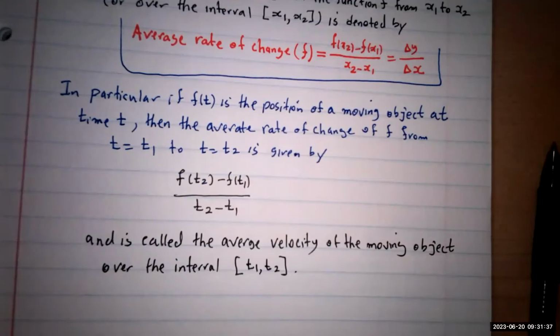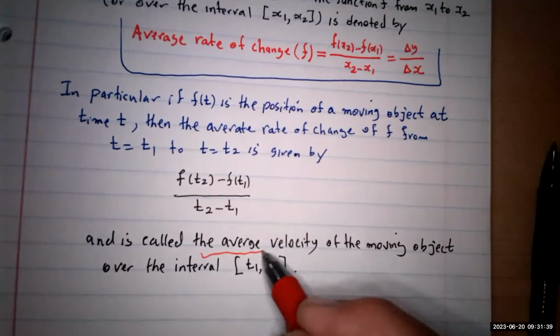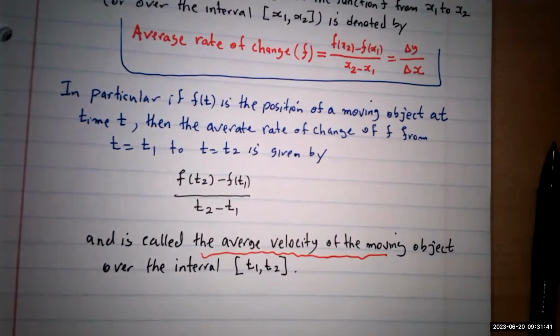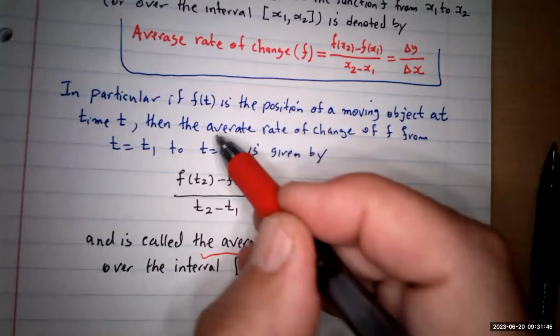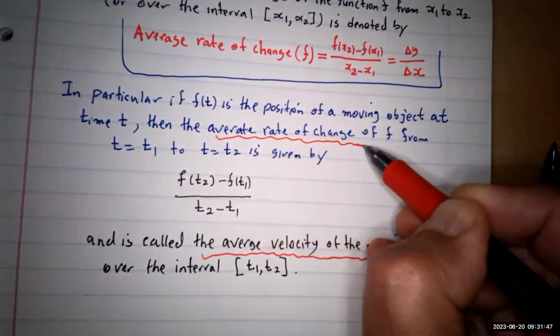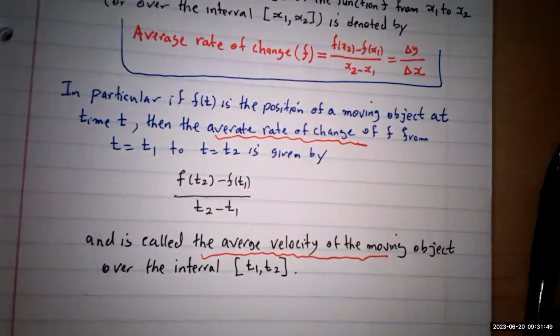So you have to know that this expression is called average velocity. Okay, so the average velocity and the average rate of change are going to be the same thing. We use the velocity definition because that would be easier to handle or easier to remember.